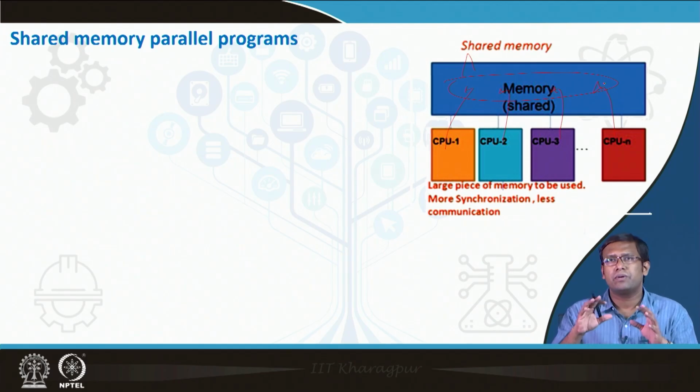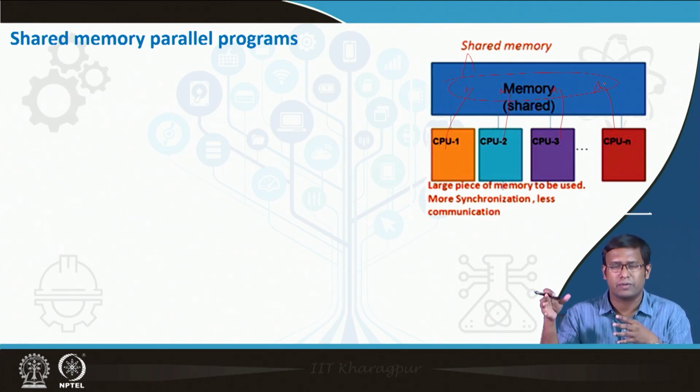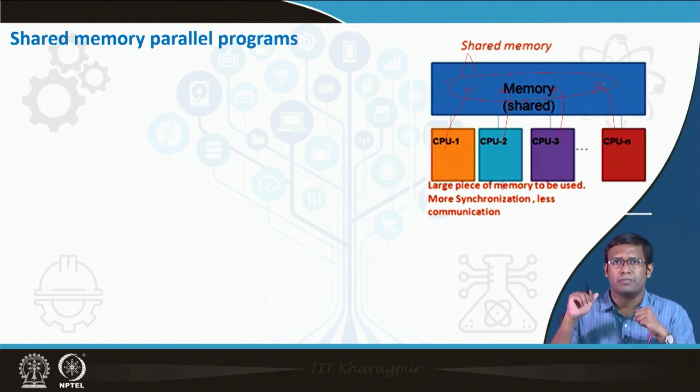You really do not need to make different copies of A, map them into separate local memory, and then track which part of the memory should go where and combine them. You do not need to do that, which you have to do for distributed memory systems.